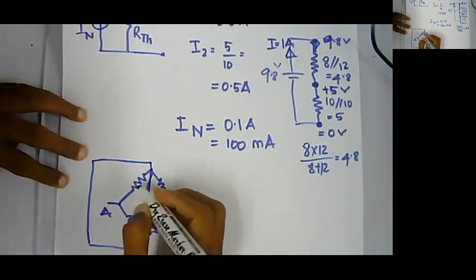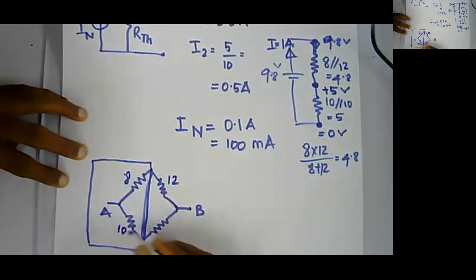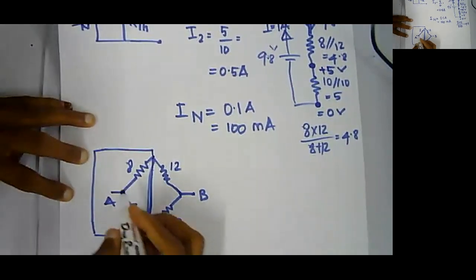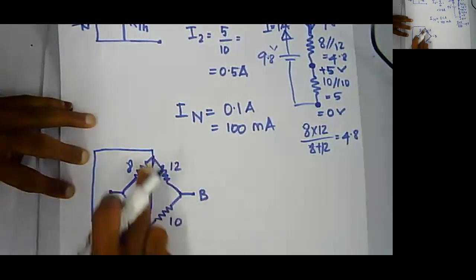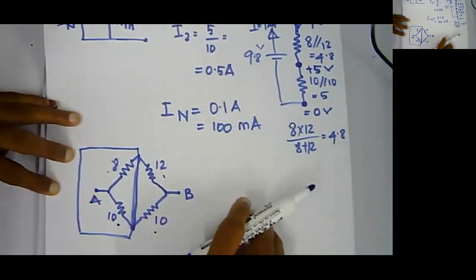Now, this is 8, 12, 10, and 10 ohms. So if I calculate the resistance across A and B, these two points are short circuited together. Hence 8 parallel 10 plus 12 parallel 10.